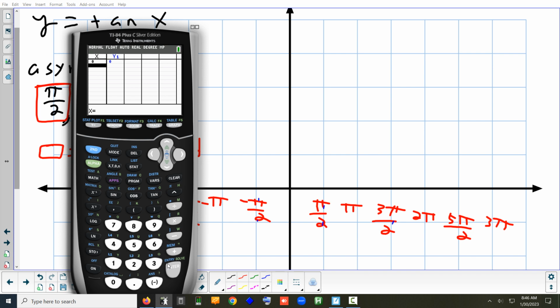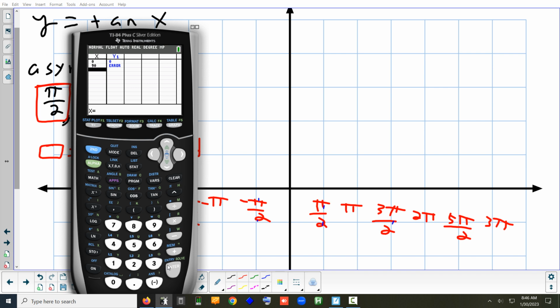What's the next multiple of 90 after 0? Ashley? Not sure. So next multiple of 90? 90, yeah. So let's just try 90. Now that one we got an error, right? So now let's try the next multiple.